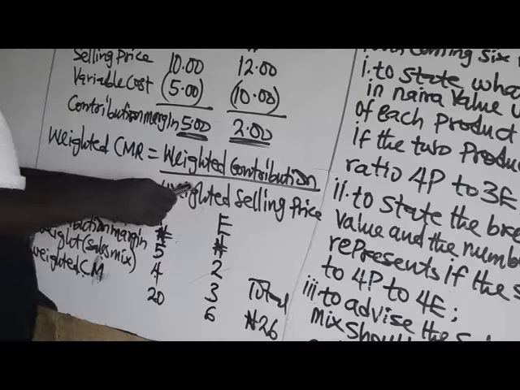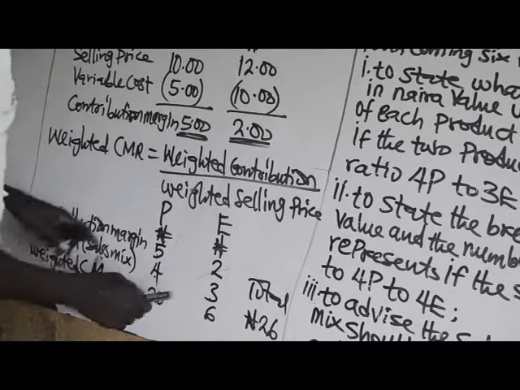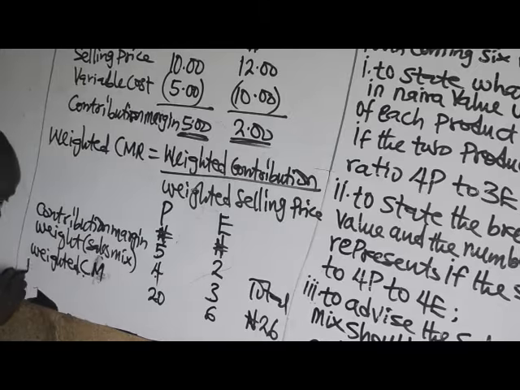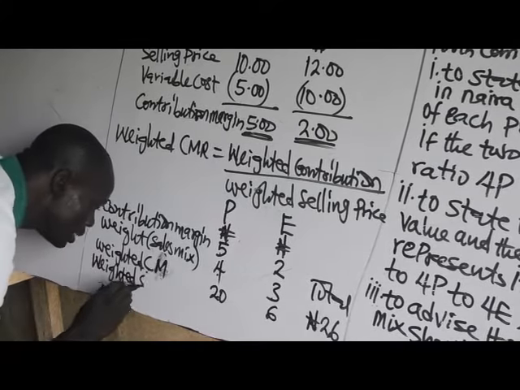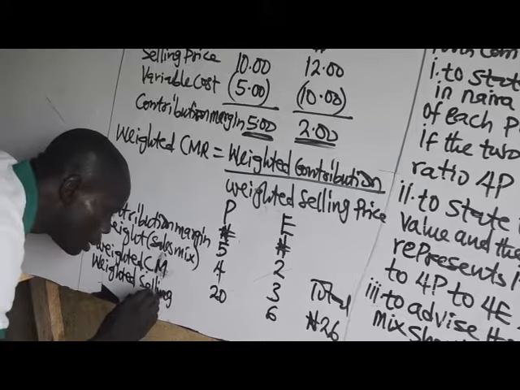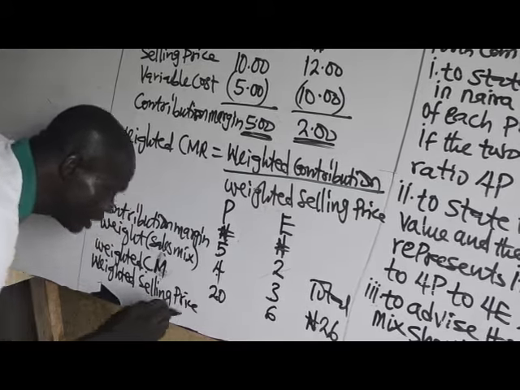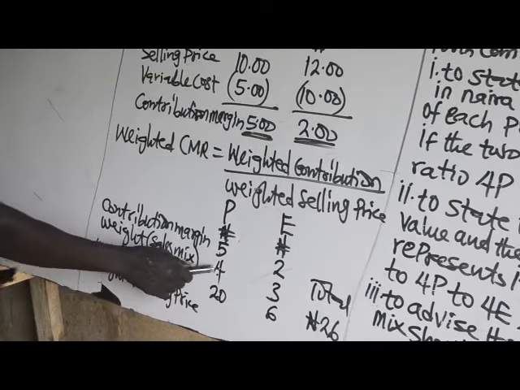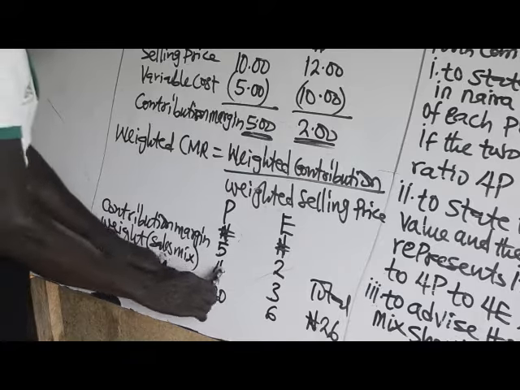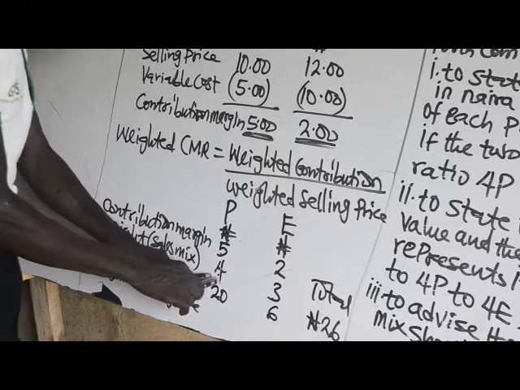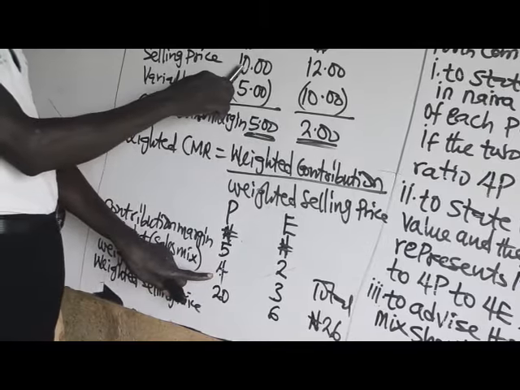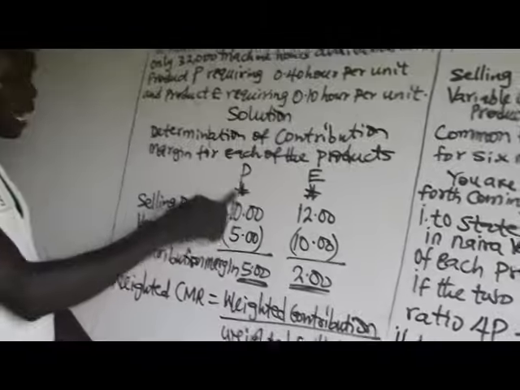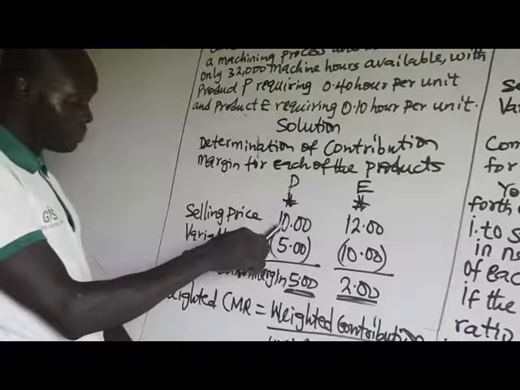Then you are left with the weighted selling price. You also multiply your selling price by the weight, that is, by the sales mix. For product P, the sales mix is 4. The selling price for product P is 10 Naira.